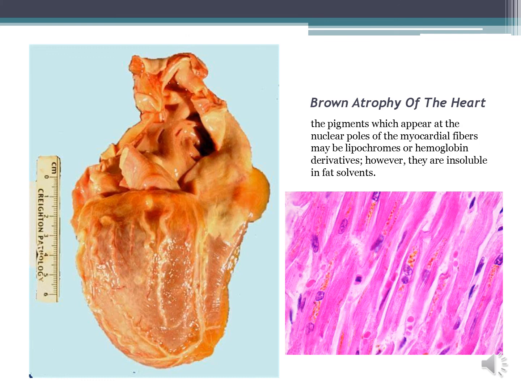So in case of atrophic changes, we see the accumulation of such yellowish-brownish pigment at the nuclear poles of cardiomyocytes.